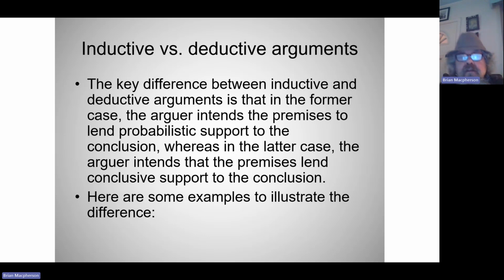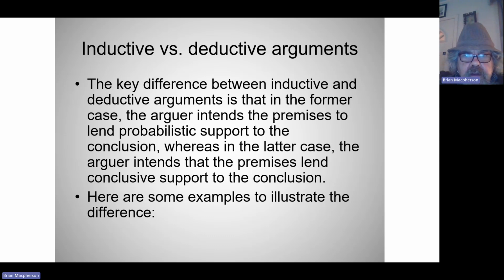So first of all, let's talk, generally speaking, about the distinction between inductive versus deductive arguments. The key difference between them is that with respect to inductive arguments, the arguer intends the premises to present probable support for the conclusion. Whereas in a deductive argument, the arguer intends that the premises should lend conclusive support to the conclusion, right?